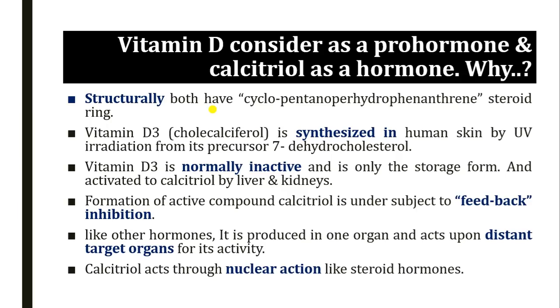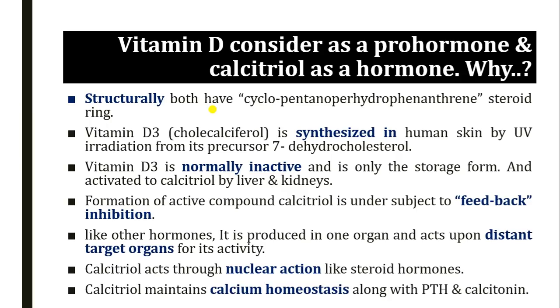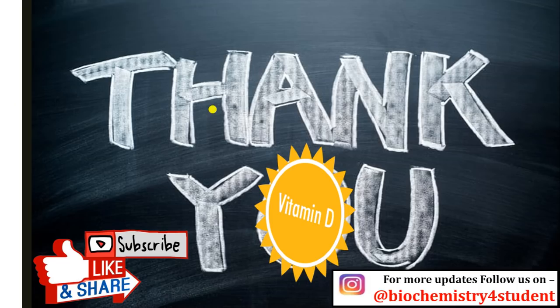Calcitriol acts through nuclear action, like the steroid hormones, and maintains calcium homeostasis along with PTH and calcitonin. Based on this, we can say calcitriol is considered a hormone, and vitamin D, that is cholecalciferol, is an inactive form of calcitriol, so it is known as a prohormone.